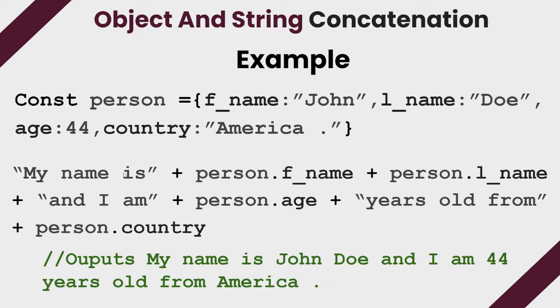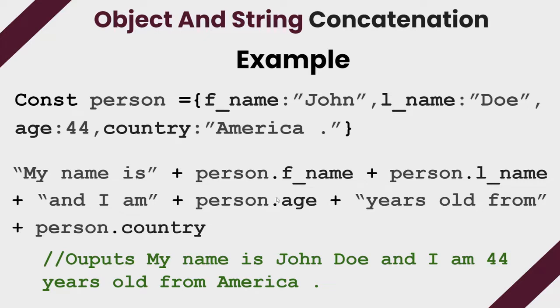Peradventure, you had a digit in where my name is, and you also had another digit after the addition symbol. In that context, it would actually mean addition. But in this context, it actually means concatenation. So we'll also be going through the operators. When we get there, we'll be seeing operators in JavaScript, and you would see that the add symbol can actually add digits together, and it can also concatenate strings together.